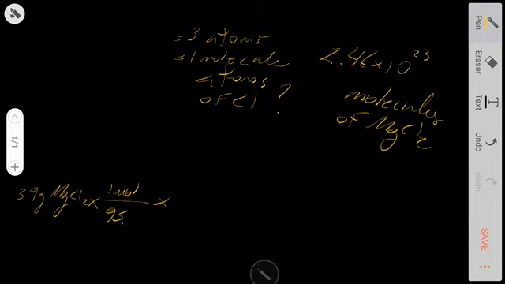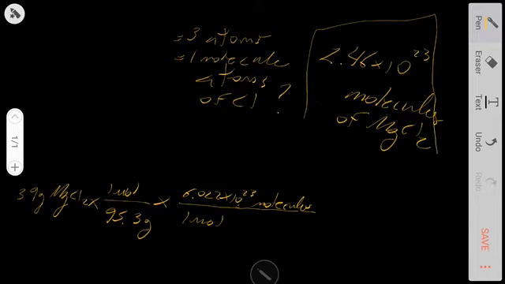We'll leave it at that, 95.3 grams. In 1 mole, I had 6.022 times 10 to the 23 molecules, and that's when I finally was able to get this number.